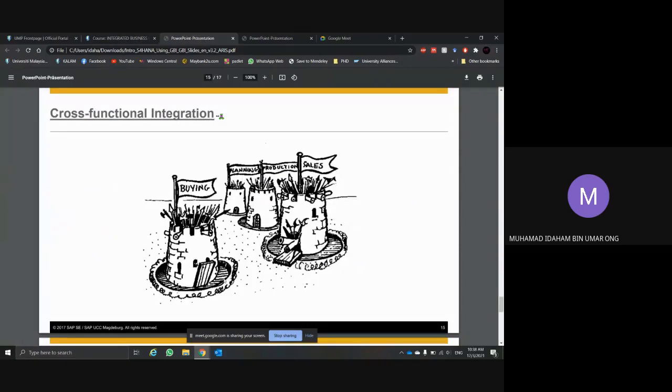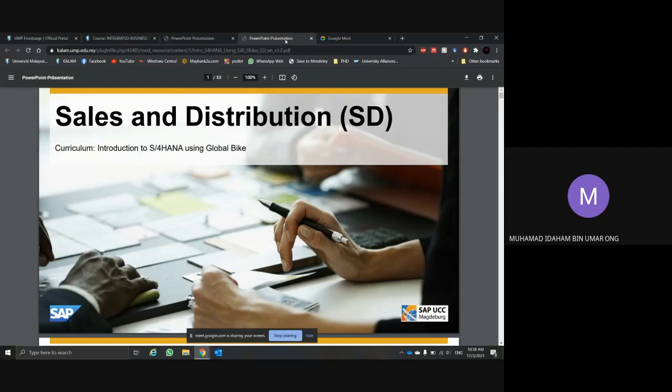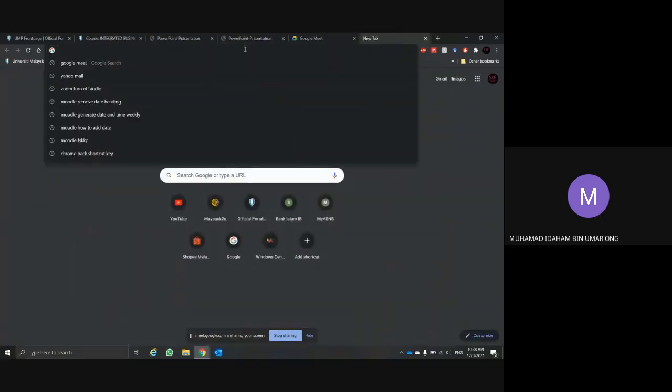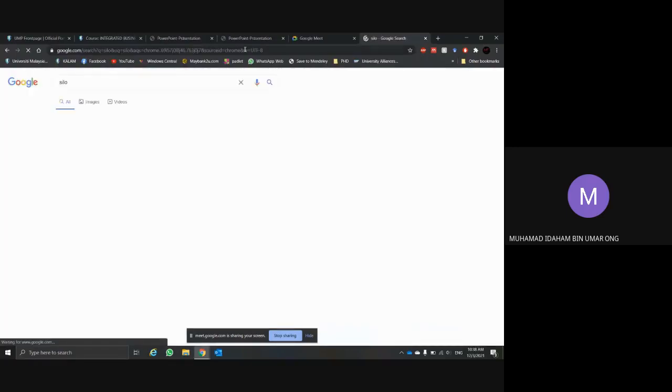Now, cross-function integration. If you see here, this is one of the common problems of organization, even on this day. It's being called a silo effect. Can anyone here show, okay, maybe I shouldn't ask the question. I'm just going to do a quick search here. What is silo?